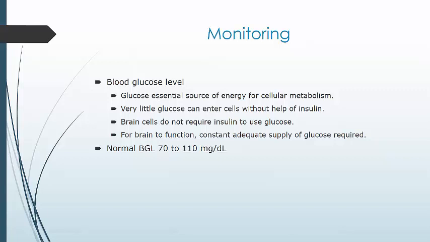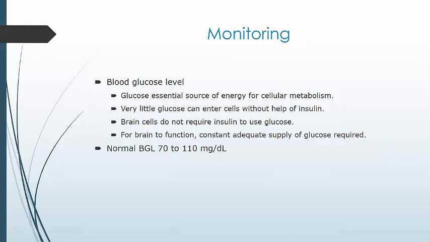Our normal blood glucose levels, now to be fair, the different books will tell you slightly different things, but typically you're going to be 60 to 70 up to about 100, 110 will be considered normal range. Now once again, I've checked blood sugars on people who were conscious, walking around doing their jobs, and they were like 40, and I was like, oh, that's a little low, you might want to eat something, and that was their normal. And some people have residual blood glucose levels of 150, 160, 170.